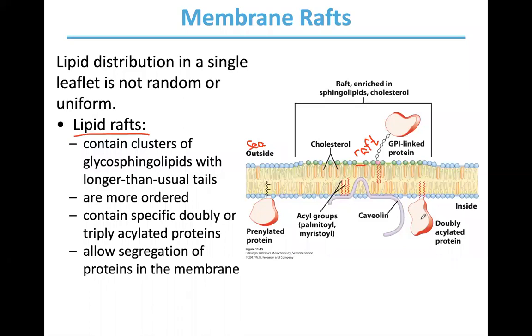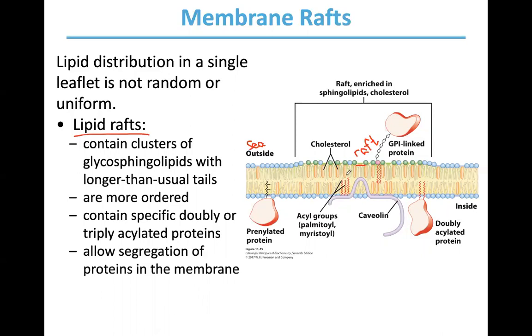Some proteins in lipid rafts are doubly acylated proteins, right? So basically they're covalently attached to the cell membrane through double acylation. I think this is primarily on cysteine residues. On cysteine residues, this is a prenylated protein. We talked about farnesyl lipid last time.